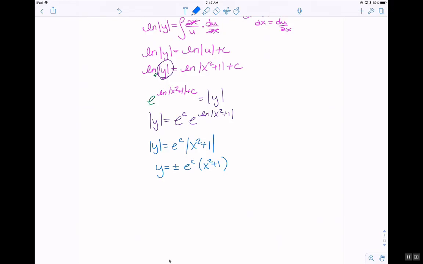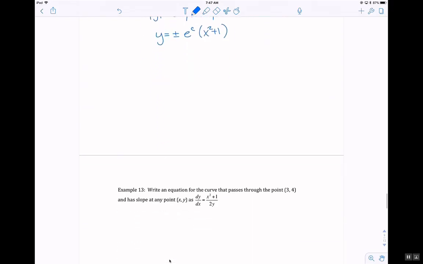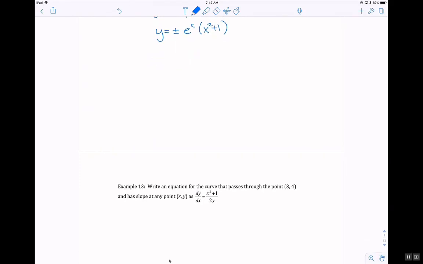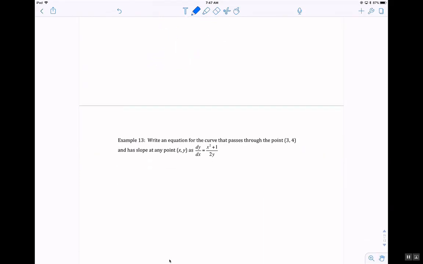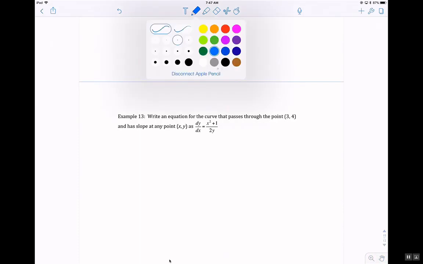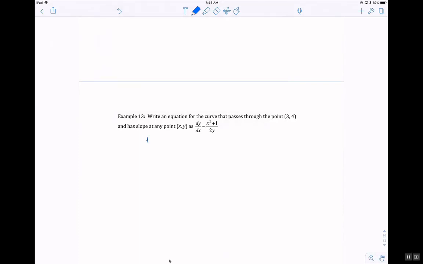Looking at the next example, write the equation for the curve that passes through the point and has a slope of this. So I want to separate the variables. So dy times y is equal to x squared plus 1 over 2 dx.